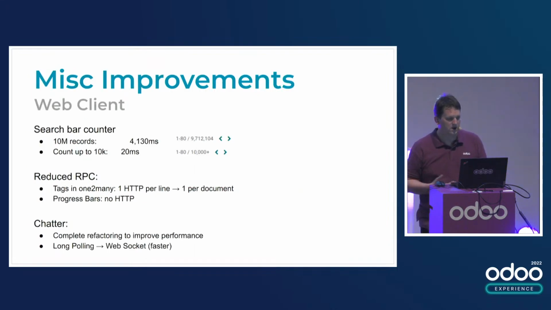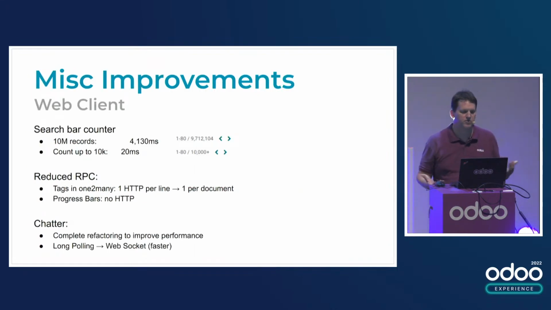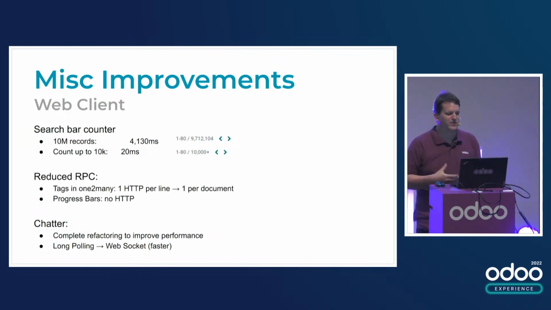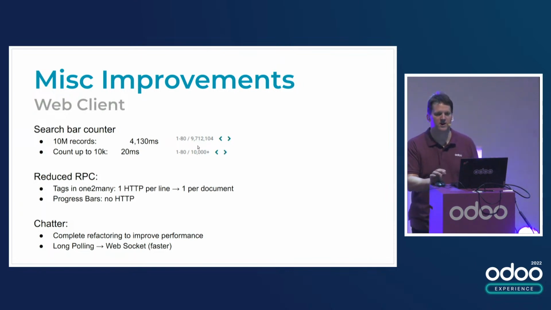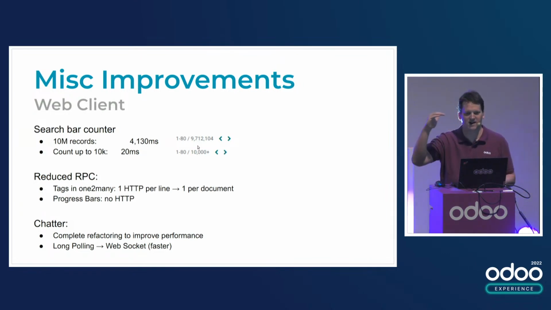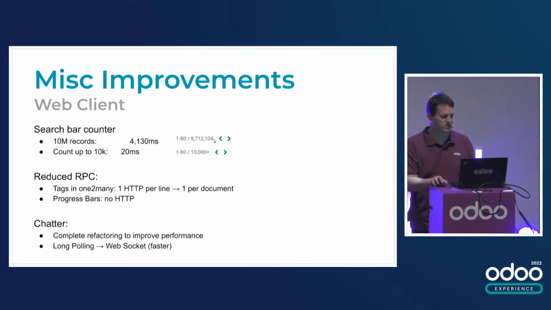That's not all. We also did different improvements in the web client. One of the funny ones was the search bar counter. When you have the counter of the number of records, if you had millions of records, the database had to process a sequential scan on all the records just to know that you have 9,700,000 records.